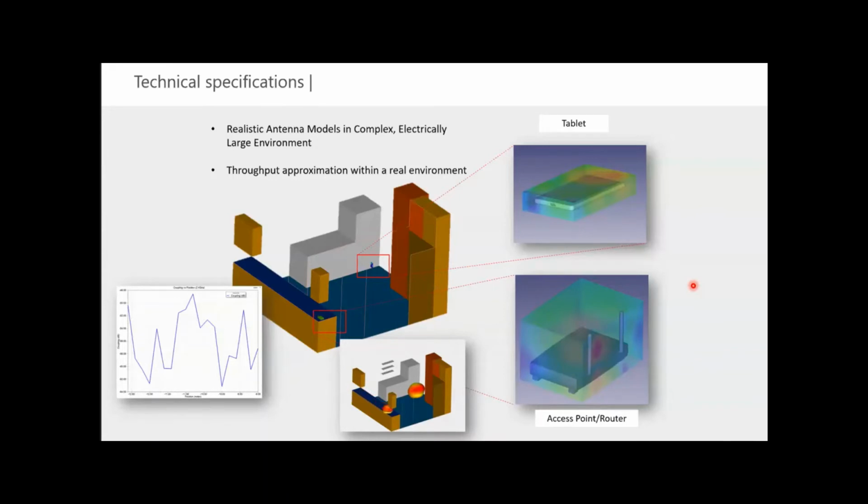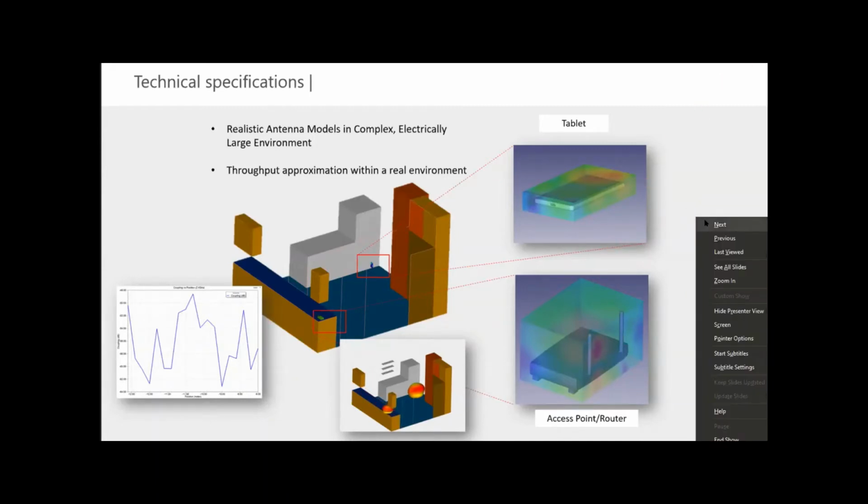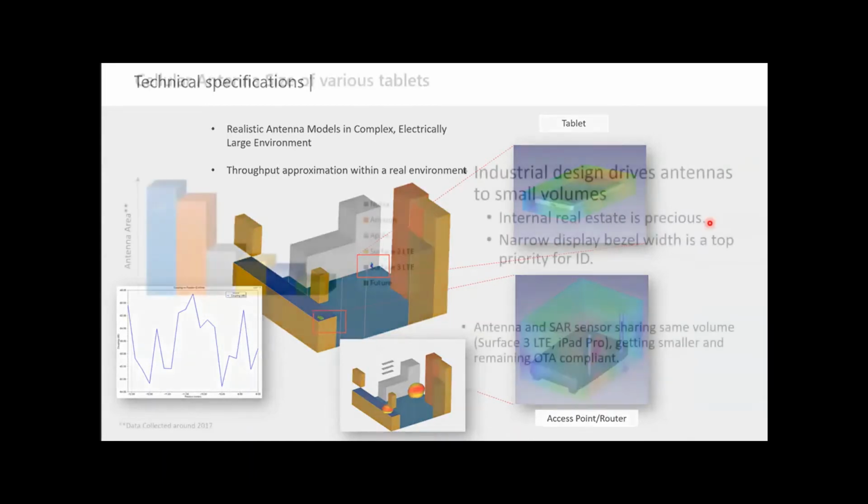You can see there's a gray cabinet there that's metal, so that is effectively shadowing the antenna from a different router, from a different position, and you can get some weaker spots in terms of signal level, which you'll see as a throughput drop in the simulation. And that's what we're doing. So we're looking at throughputs for Wi-Fi and seeing how that affects design in terms of making a trade-off in the device. Can we actually predict what happens to the throughput, if it's acceptable or not?